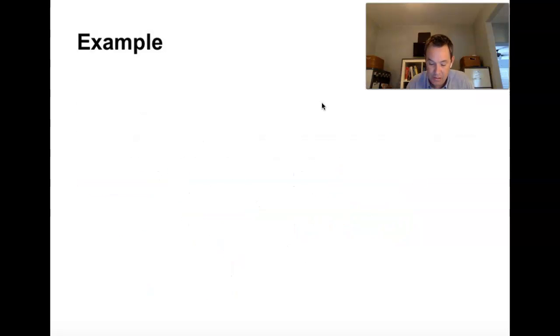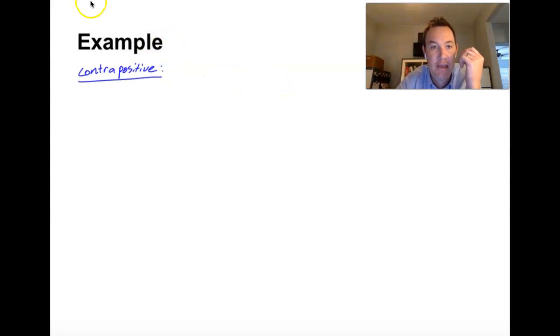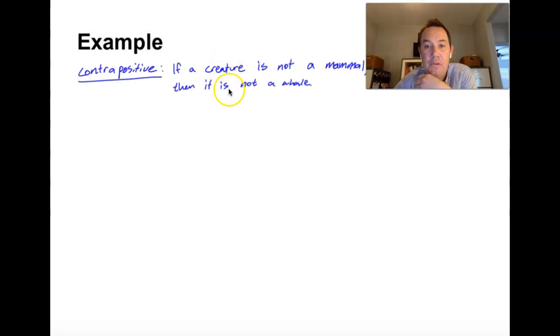All right, last, let's do the contrapositive. So here we're both going to flip the hypothesis and conclusion and then negate them. So I'm going to flip the order and also negate them. All right, so once again, we can analyze this by coming up with an example to satisfy our hypothesis. So a creature that's not a mammal, let's say a lizard.